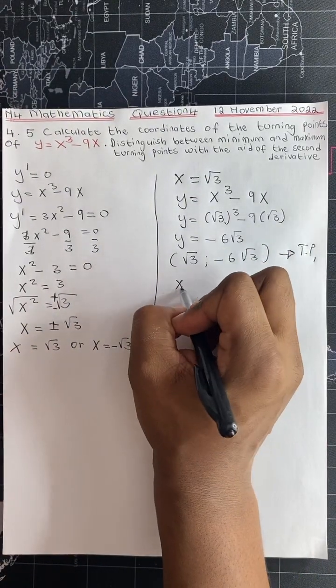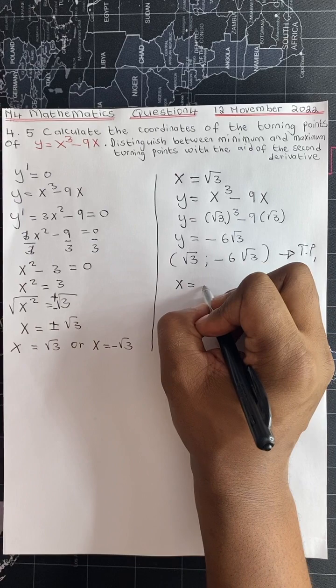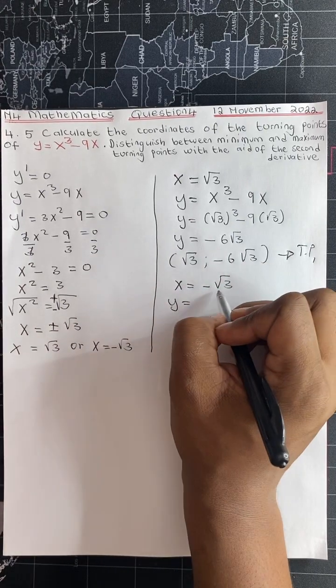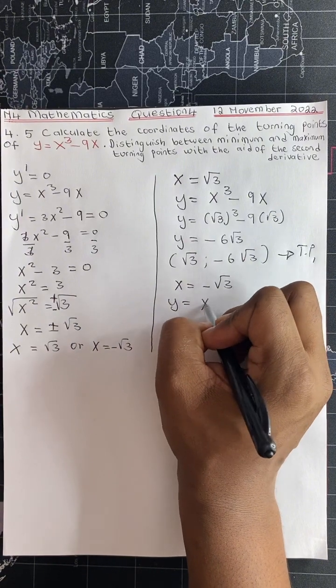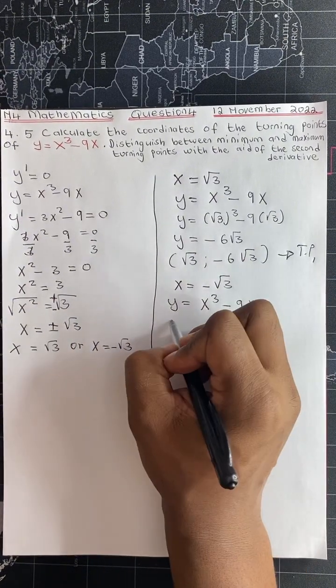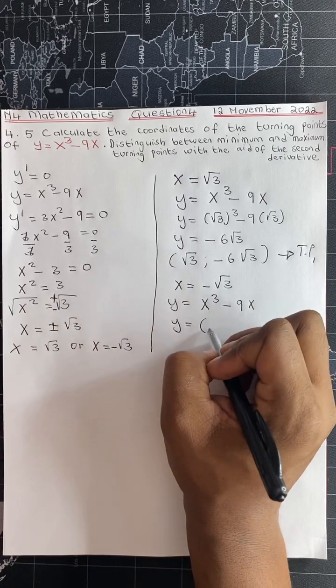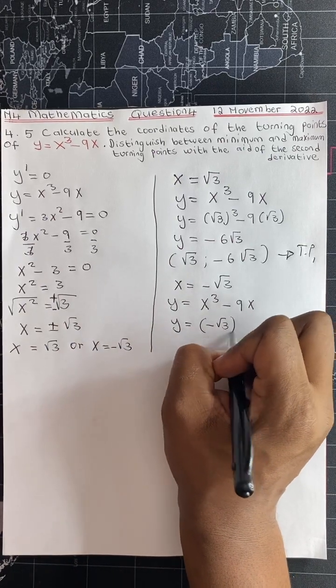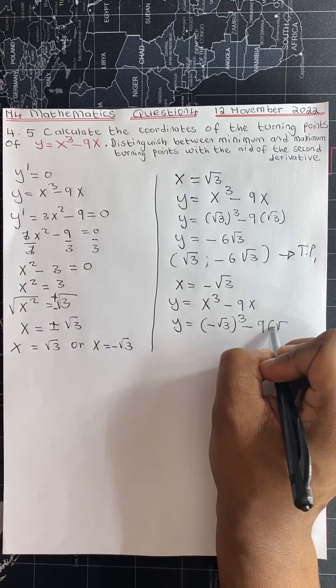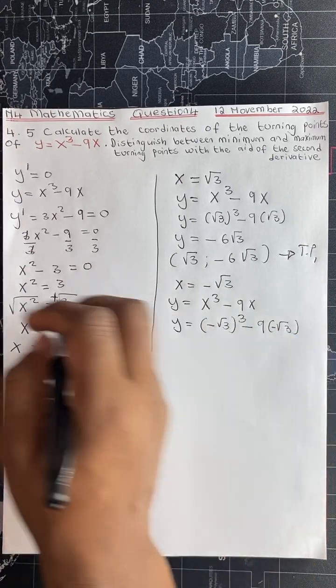So to get the corresponding y value for x equal to negative the square root of 3, we simply take this negative the square root of 3 and substitute it into the original y equation. So where there is x, we substitute negative the square root of 3 cubed minus 9 times negative the square root of 3.